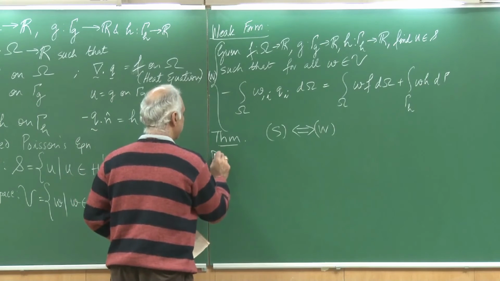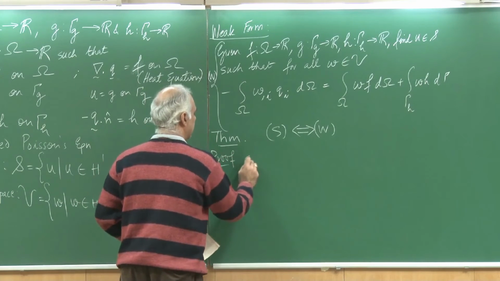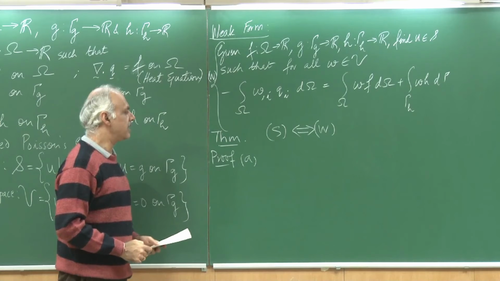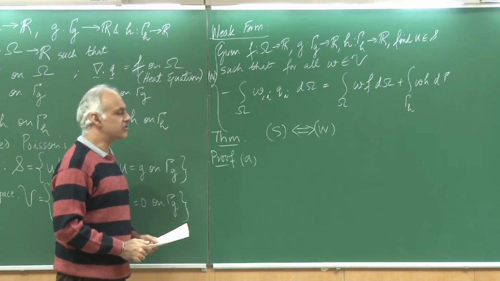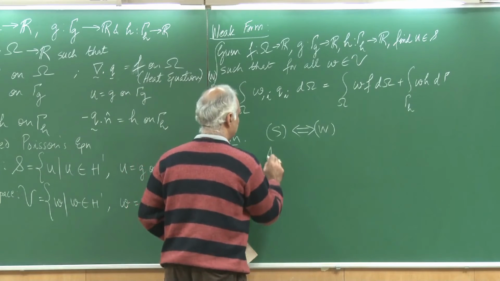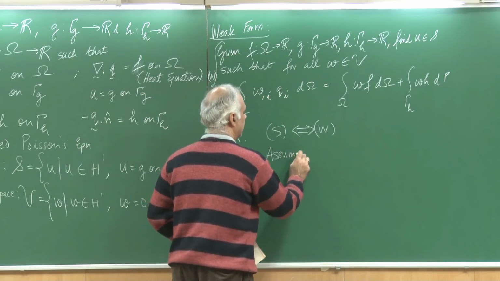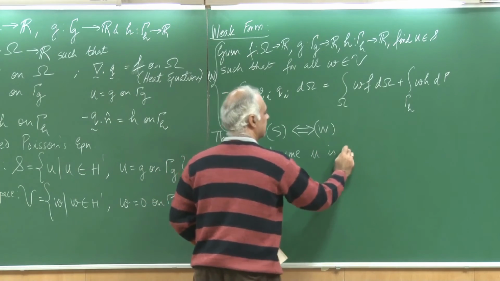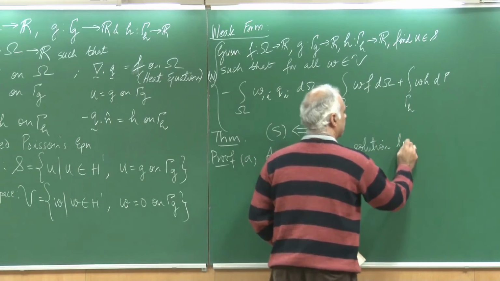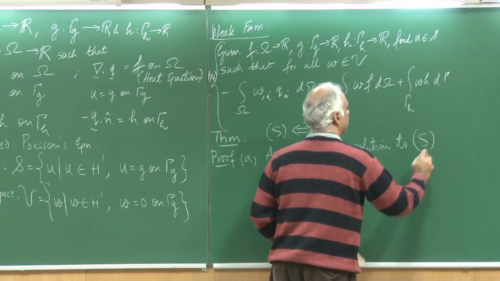So the proof. First we will assume that the strong form is satisfied. So u satisfies the strong form, and we will show that it indeed satisfies the weak form also. So assume u is a solution to the strong form.